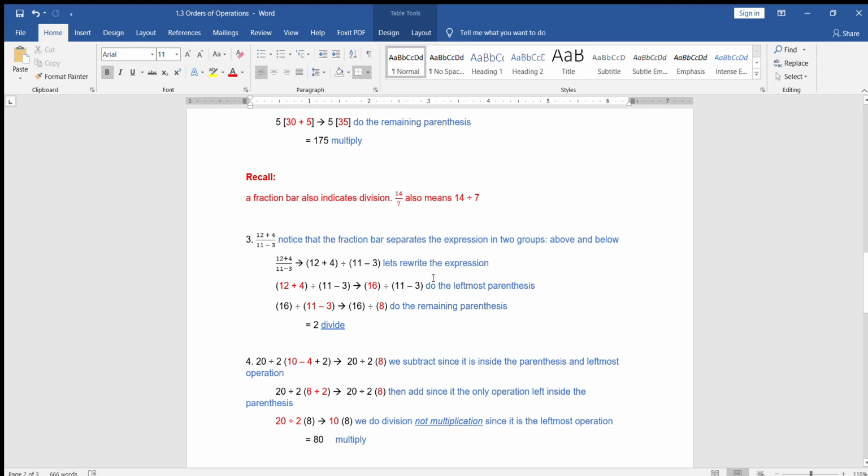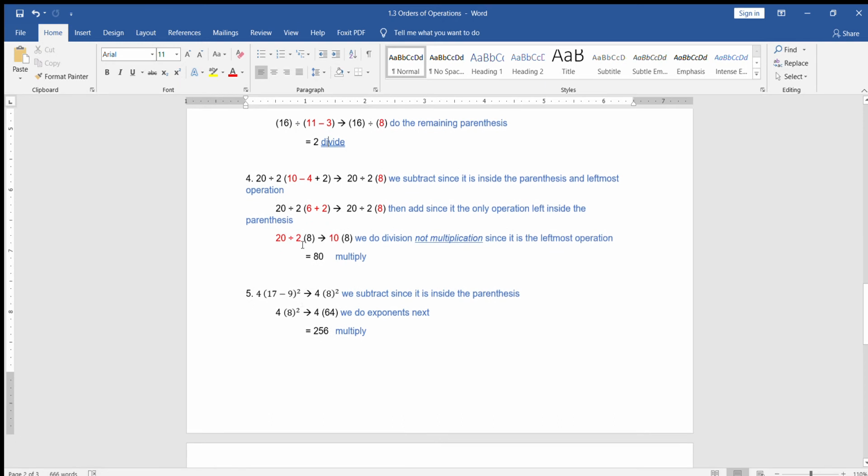I'm going off on a tangent, so let's go back. So what we do is we do the leftmost parentheses first, 12 plus 4, which will give us 16, and then we go into the remaining parentheses, which is 11 minus 3, which is 8. So it's going to be 16 divided by 8, which is basically 2, and that's your final answer.